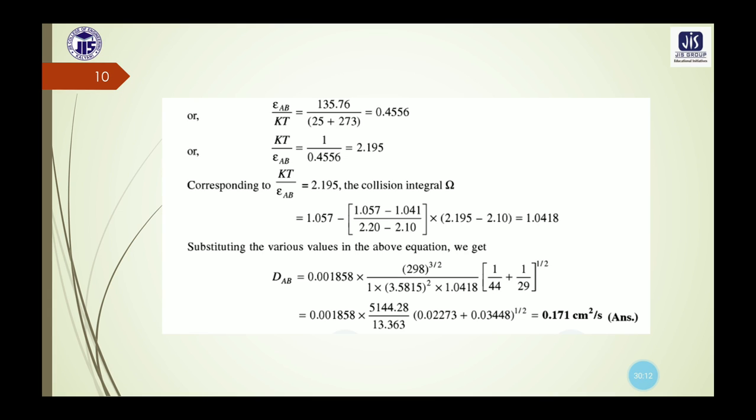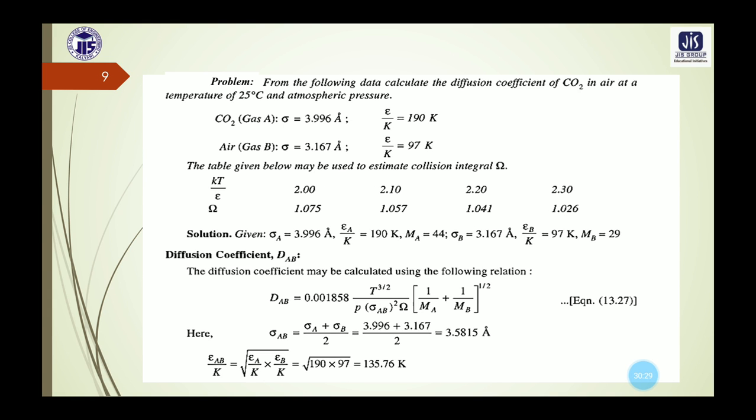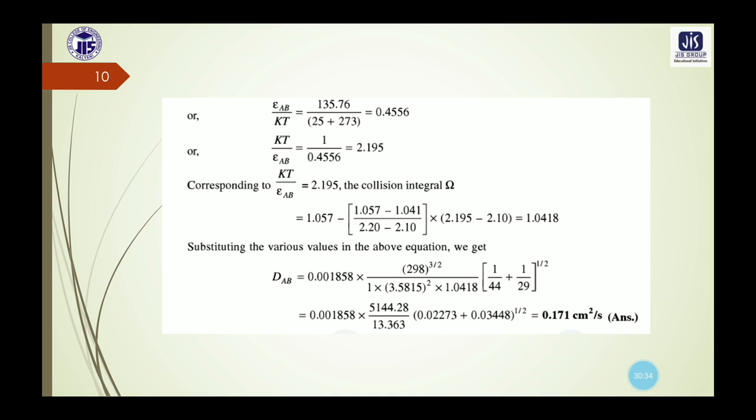In this way we calculate the collision integral omega, that is 1.0418. Now substituting all these values in equation number 13.27 for the diffusion coefficient, after several steps the value of diffusion coefficient we get is 0.171 centimeter square per second.